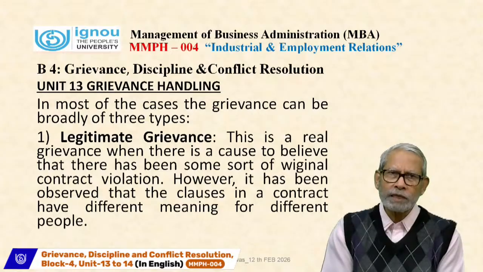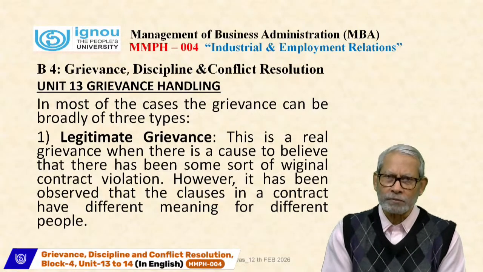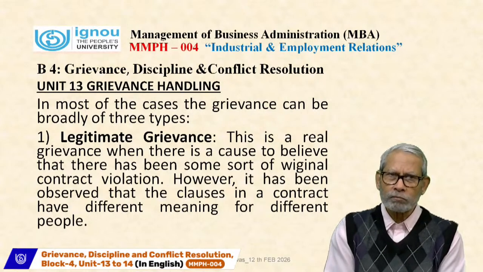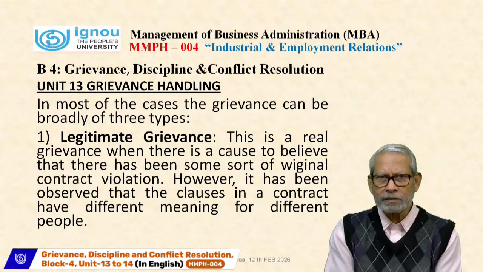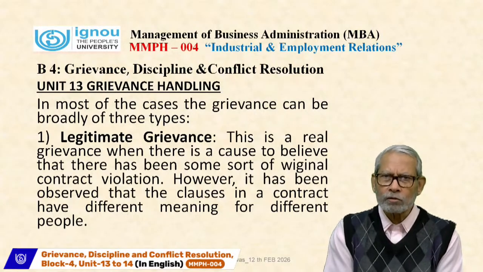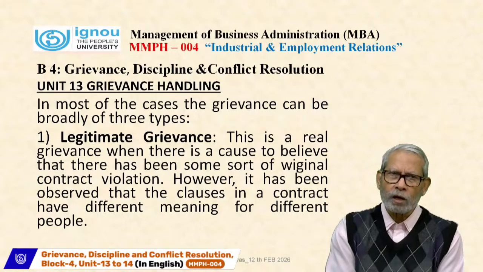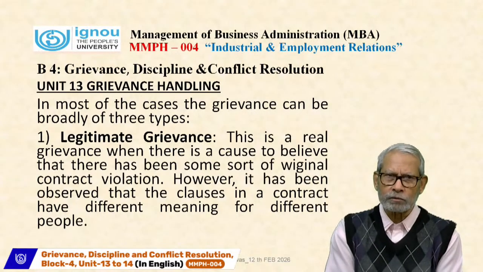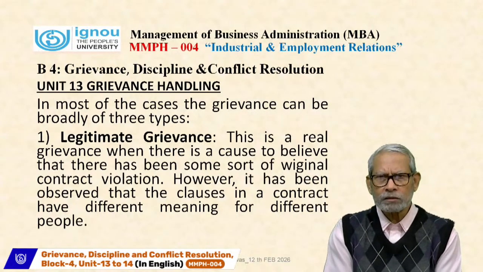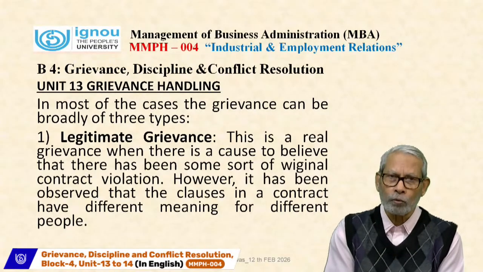Now, in most cases, grievances can be broadly of three types. There are legitimate grievances, which are real grievances, when there is a cause for the belief that there has been some sort of violation, such as contract violations, or the rules not being maintained or obeyed.